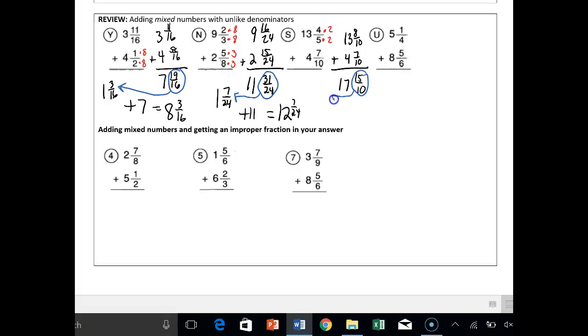It just happens that all these give you improper fractions. Sometimes it won't, and then you don't have to do this extra step. But 10 goes into 15 one time with 5 left over, so 1 5/10. Let's add that to 17, our original whole number, so that gives you 18 5/10, but actually that's still not done. That's 18 1/2 because you have to simplify.